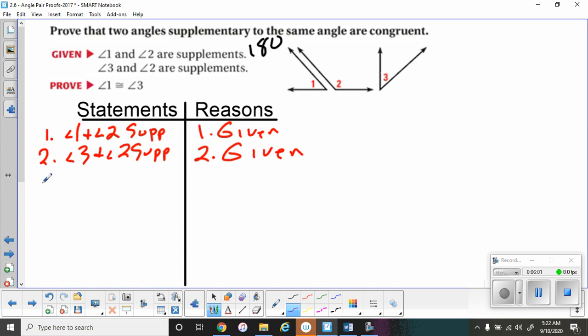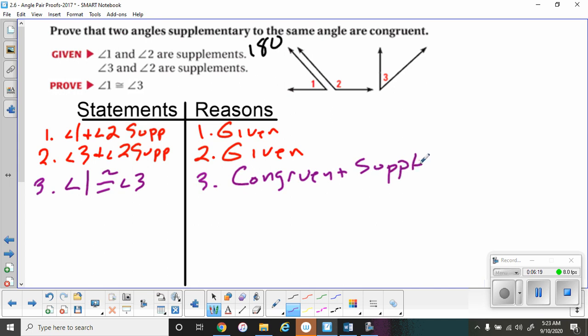This one we can go right into our answer here. We would go angle 1 is congruent to angle 3. And this is called the congruent supplements theorem.